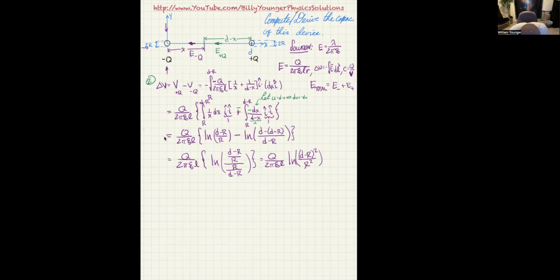But another property, I should probably write them down. Let me write a couple of them down. The ln of a plus the ln of b is equal to the ln of a times b. The ln of a minus the ln of b is equal to the ln of a over b.